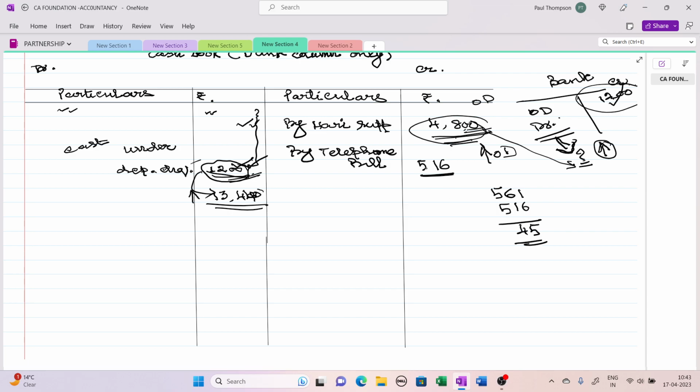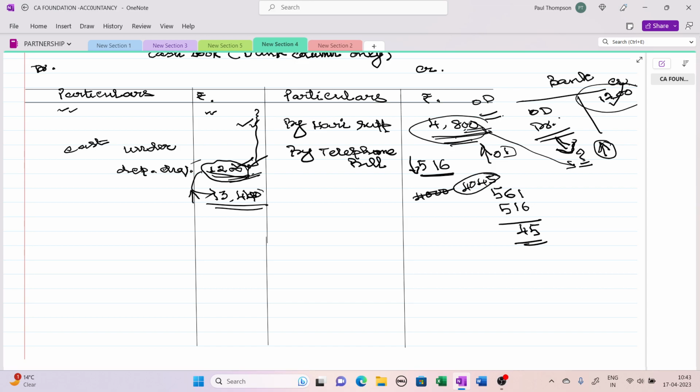I have put less. So my overdraft by 45 rupees has come down. My overdraft should have been plus 45 rupees. Suppose my balance is 4000 rupees. My balance should have been 4045. You understand?